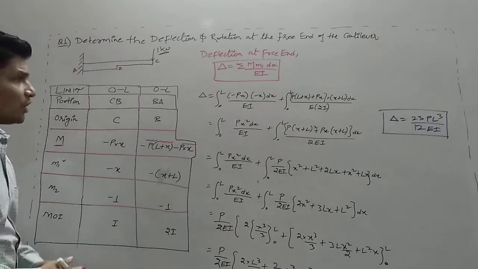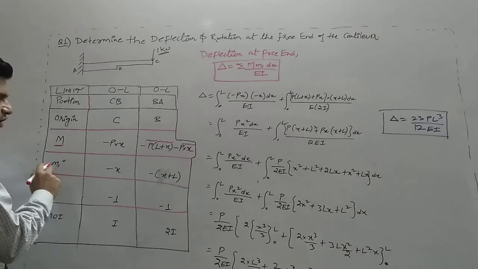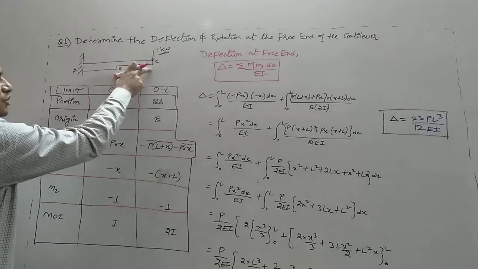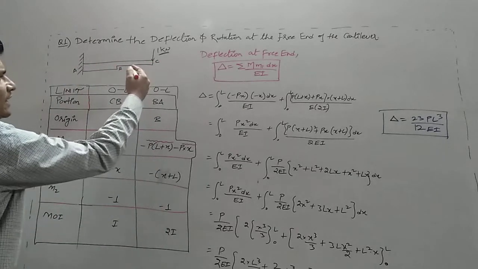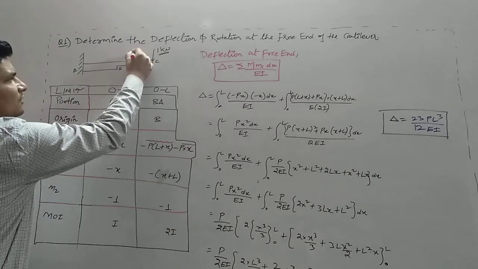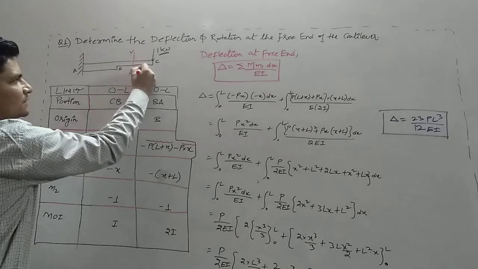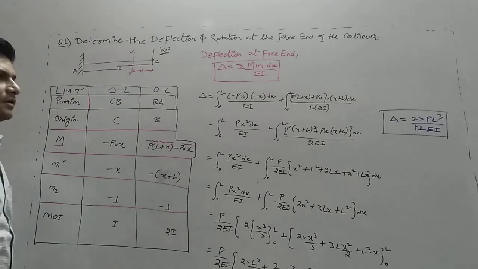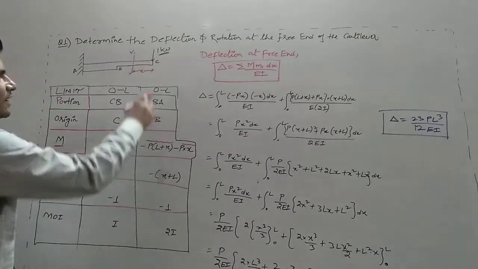Now I write the expression for the M1 value for this CB portion and for this BA portion. I take an XX section at a distance of X from the free end, and write the value of M1 here.